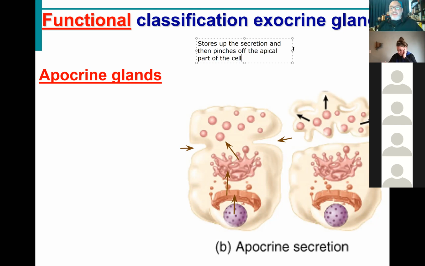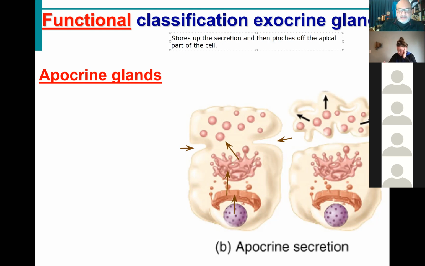Is this cell damaged by this process? Yeah, this does damage the cell. Does it kill it? No. So it can recover. And as it recovers, it makes more secretions, fills up, and then pinches off again. So it can recover and continue the process.